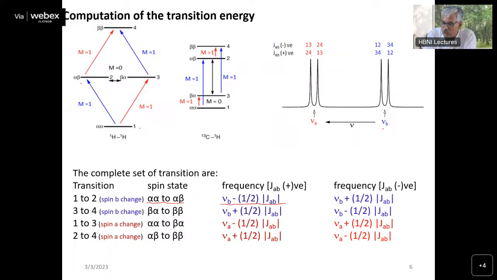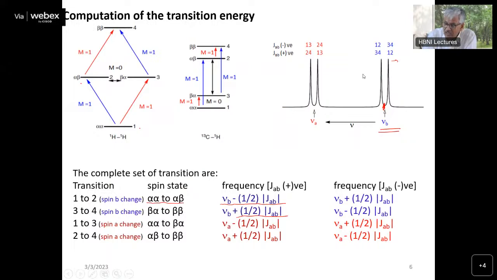So this is your nu B, so the 1 2 line will be minus JAB. So you see, that's why the line is on this side. This is your nu B position, this central line. So it is minus JAB, and the second line is plus.